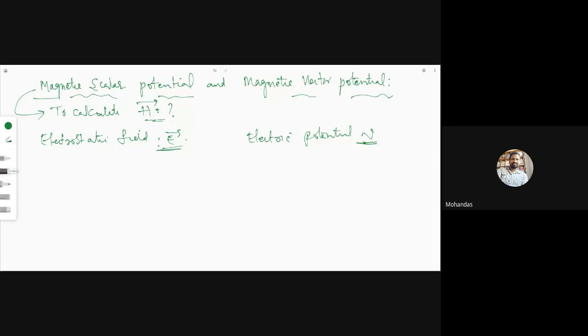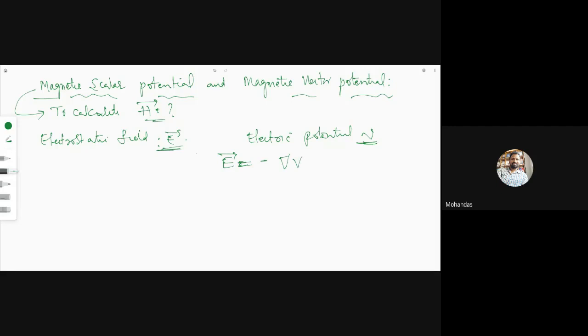Roll number 48, are you there? Yes, sir. What is the relation between E and V? Can you tell me? E equal to minus del V.